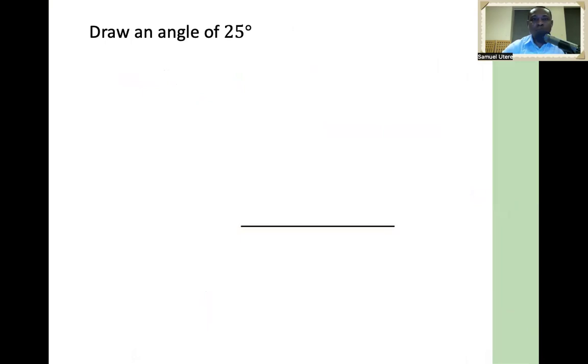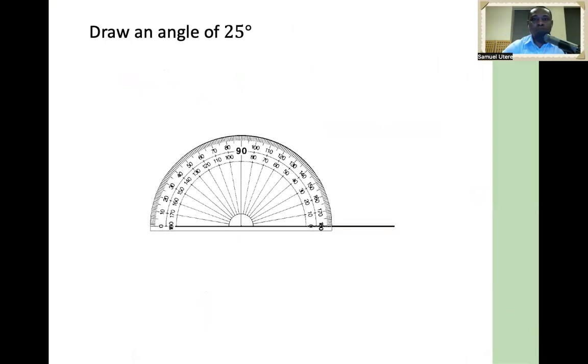So you draw a line segment, you position a protractor, making sure the crosshair lines up with the end of the line where you want to draw your angle on. And then you measure using either the inside scale or the outside scale the angle you want to measure.